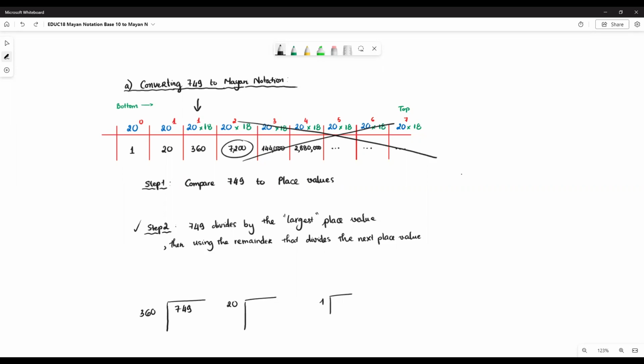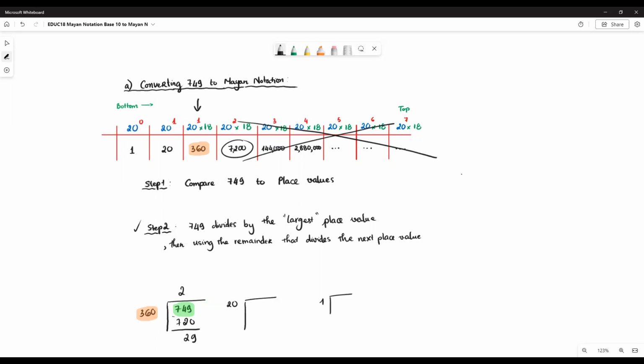First, I will use 749 and divide by the first place value, 360. We know 749 divided by 360 equals 2. And then 2 times 360 is 720. The remainder in this case is 29.